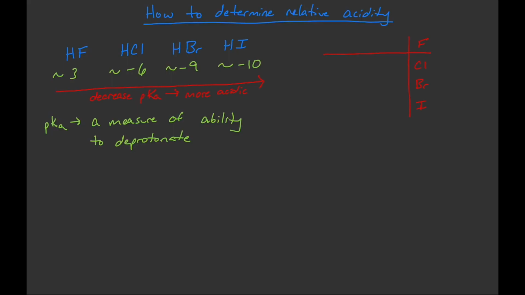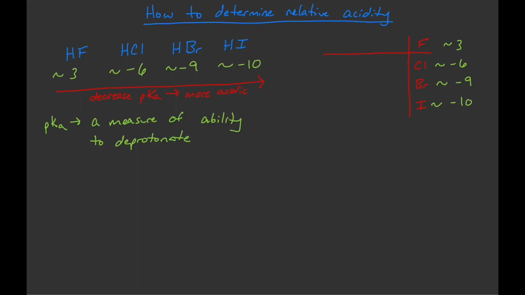So this is where we're going to take this knowledge and apply it to some organic compounds. If we compare our pKa's to our group over here, we'll say 3, -6, -9, and -10. As we can see, going down the group, we're getting more acidic.